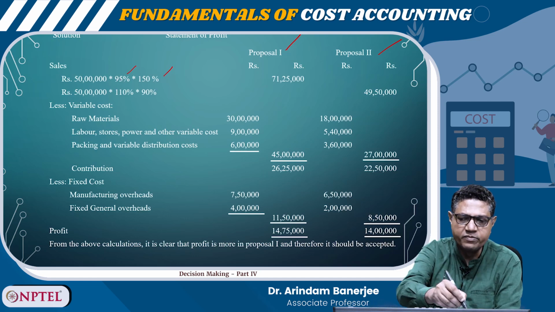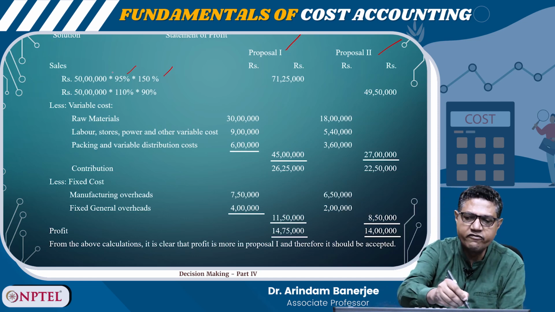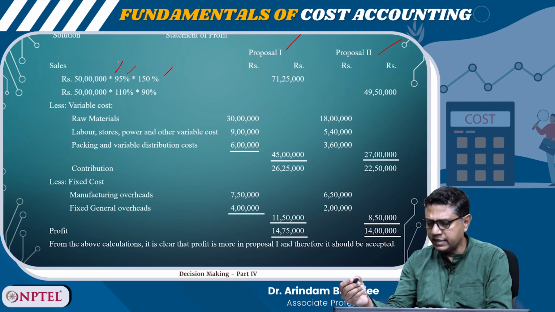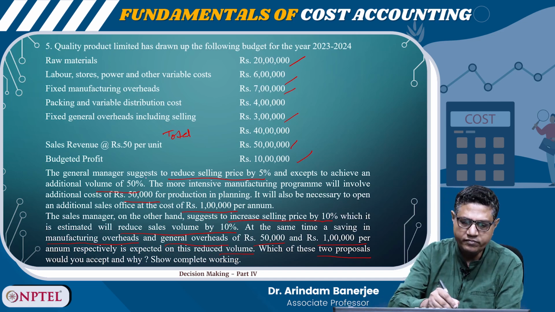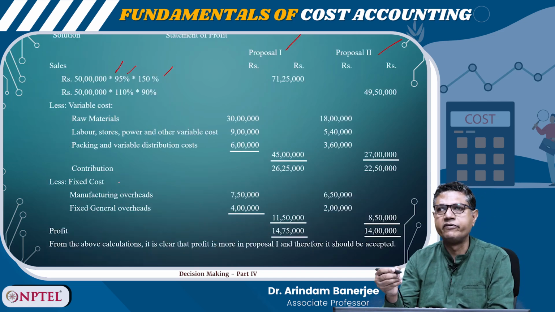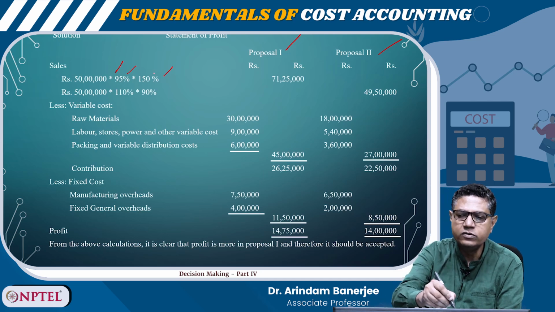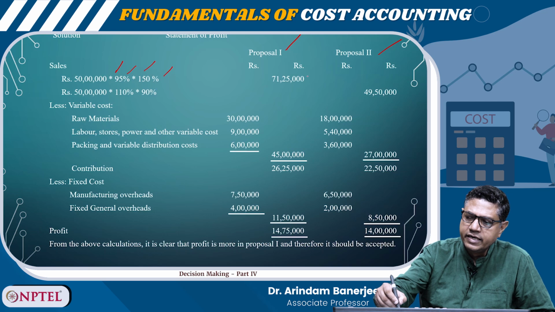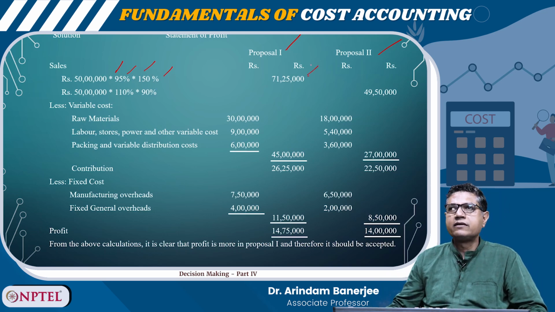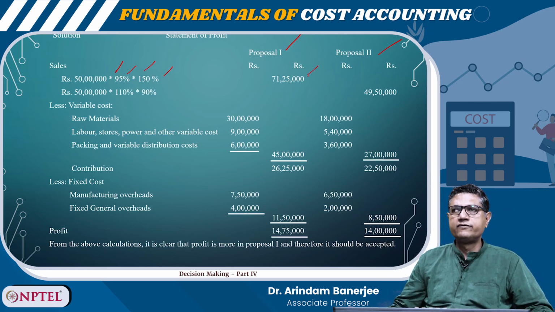And at the same time because of the reduction of the selling price the volume will increase by 50%. So, it will be now 150%. So, 50 lakh into 95% into 150%, if we calculate it is coming to 71 lakh 25,000. This is for the first proposal.